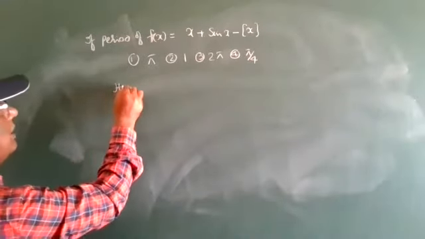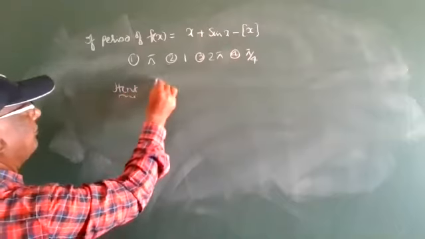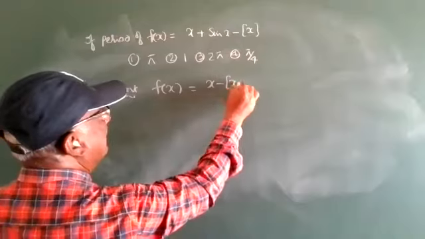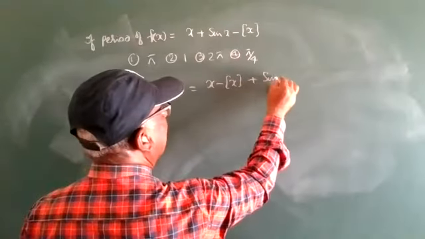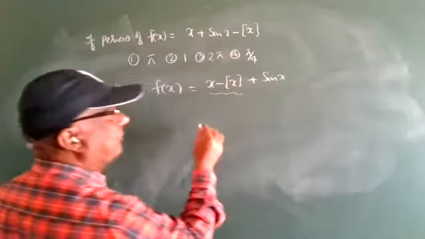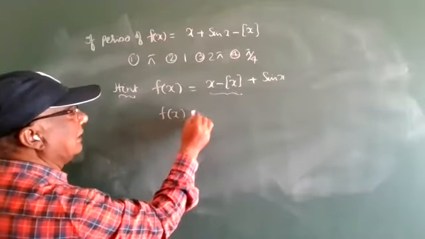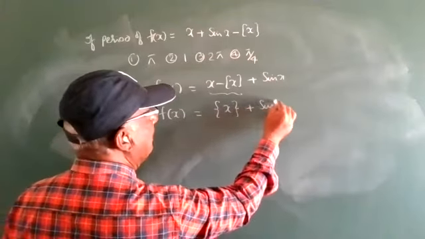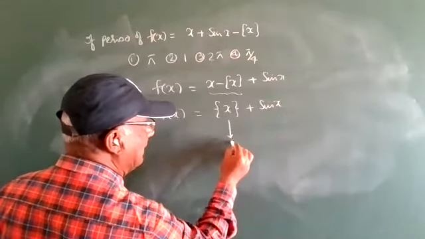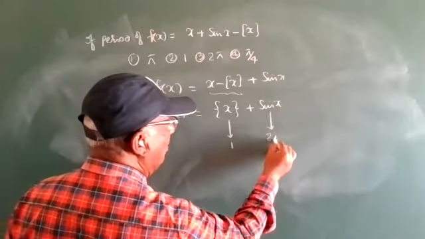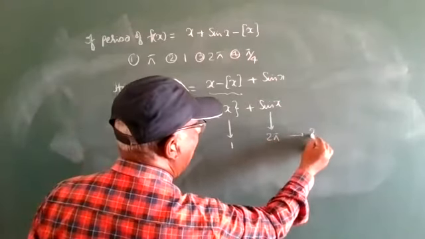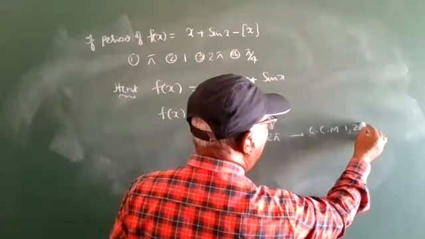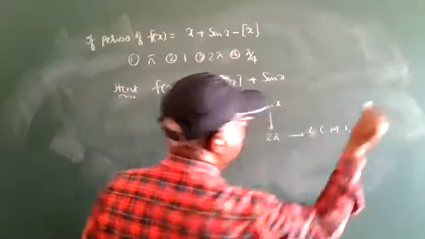See, the hint of this problem is f of x is equal to x minus step x plus sin x. X minus step x is the fractional part of x. So it is the fractional part of x plus sin x. The fractional part of x has period 1, and sin x has period 2 pi. By the LCM, the answer is the LCM of 1 and 2 pi. The answer is 2 pi. That's enough.